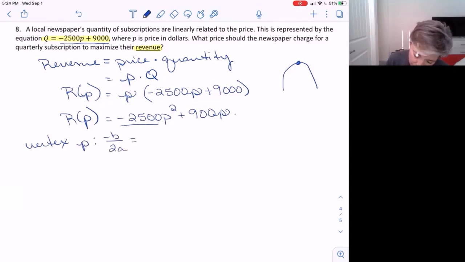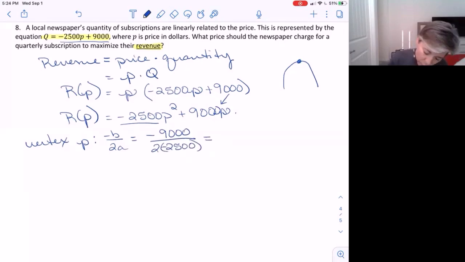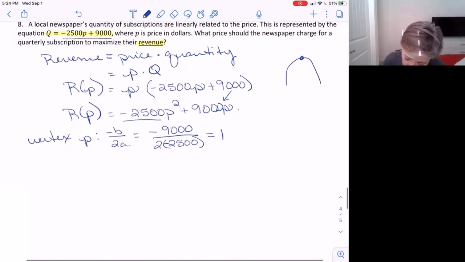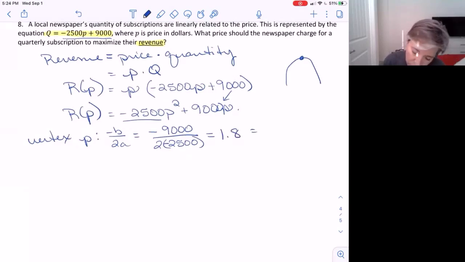So in this case it would be negative 9,000. Sorry, I dropped a zero there. Negative 9,000 divided by 2 times negative 2,500, and that gives us 1.8.